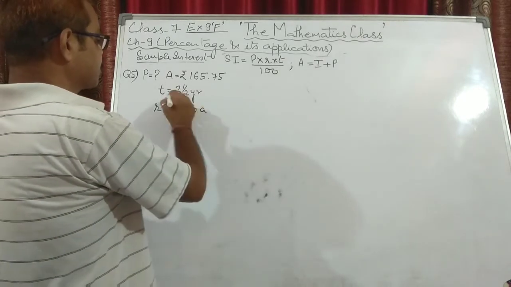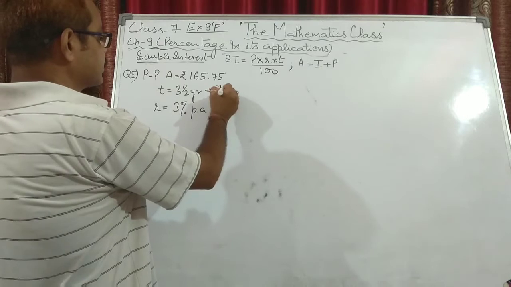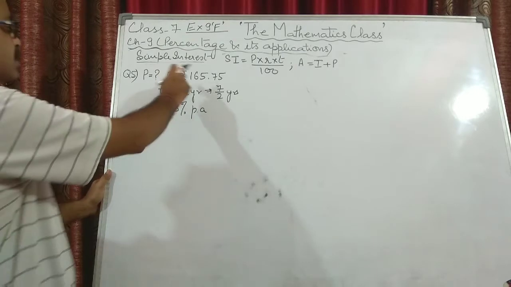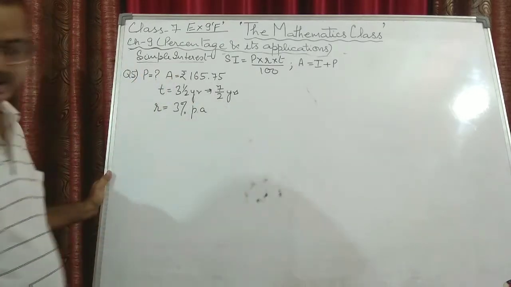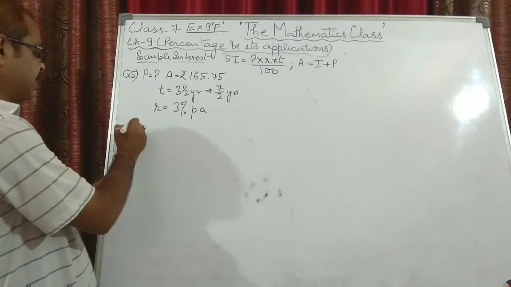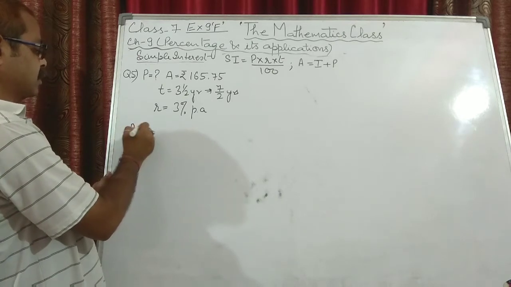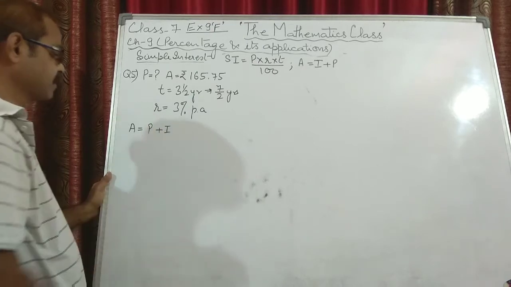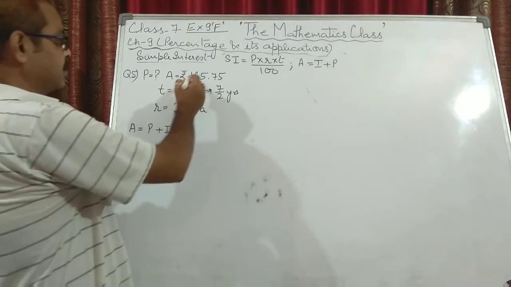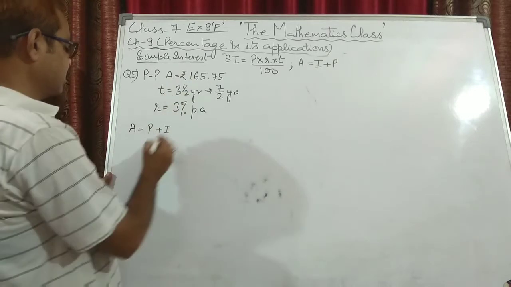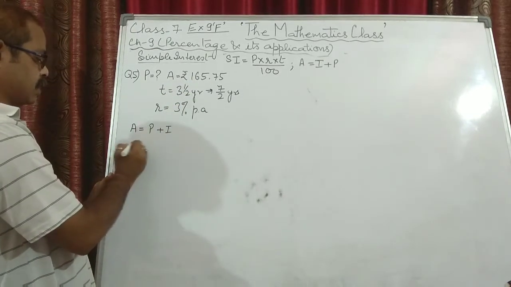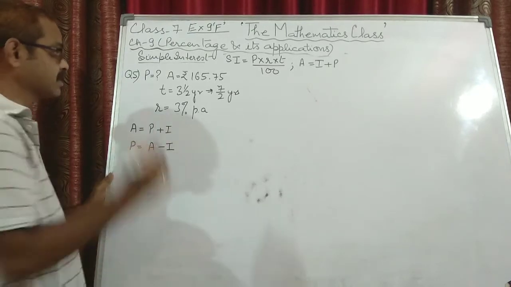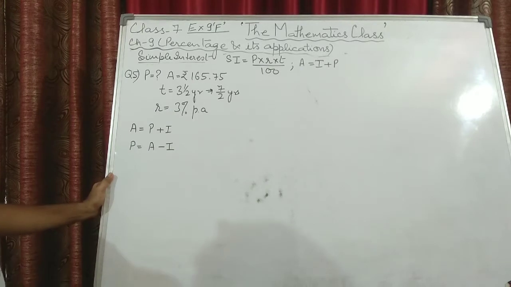First, 3.5 years can be written as 7 upon 2 years. Now amount is given, principal we have to find out. We know that amount is equal to principal plus interest. So principal can be written as amount minus interest.